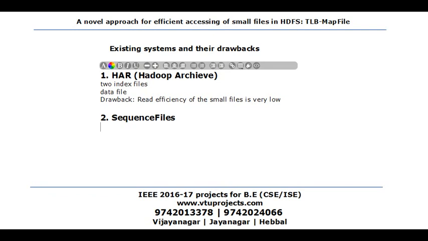I'll just mention that formally: the drawback of the second existing system is that when reading massive small files, I mean a huge number of small files, HDFS can only retrieve the file content sequentially, I mean one after the other.